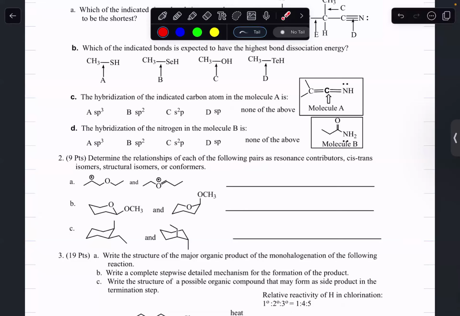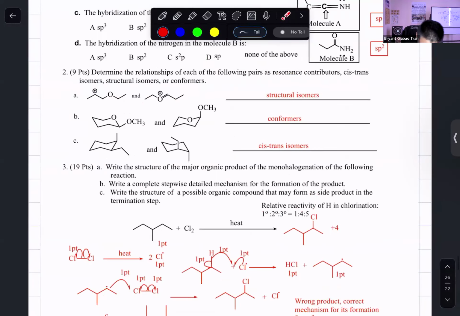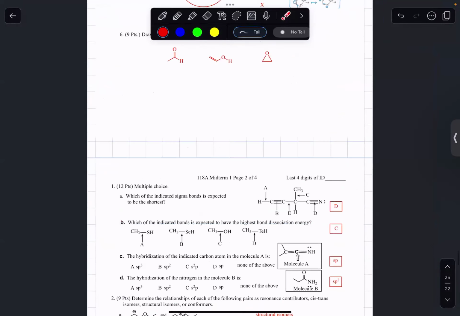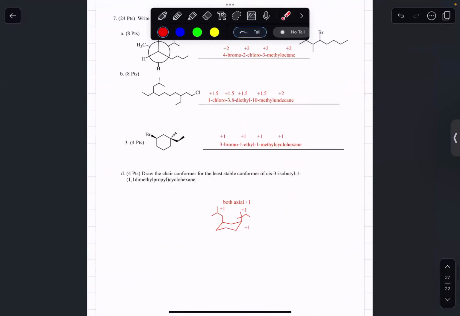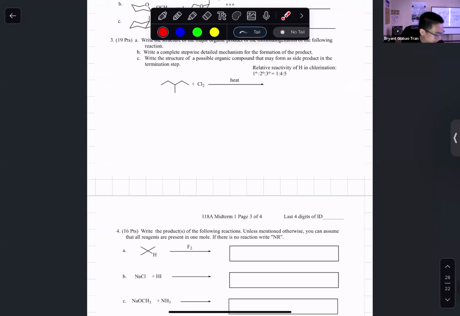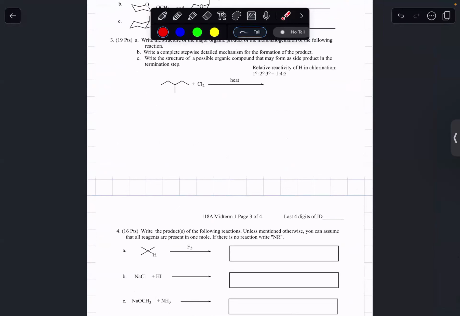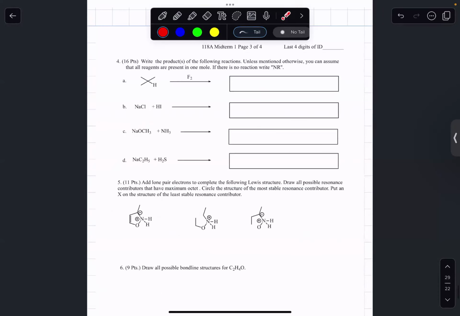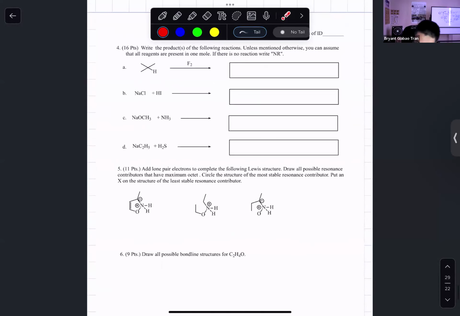Could you point it out? Like axial, equatorial. Did you go over that in lecture? Would that be part of chapter 3 or chapter 4? Oh shoot, I don't know off the top of my head. I know that we finished with selectivity and radical halogenations with fluorine and bromine.